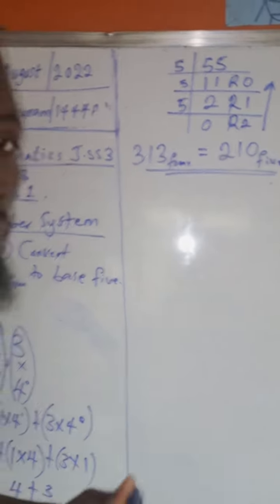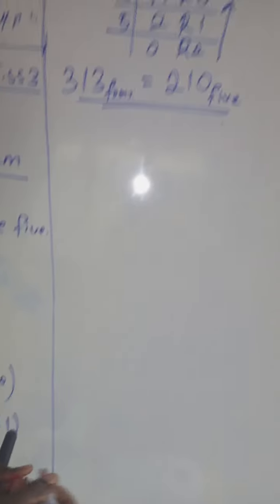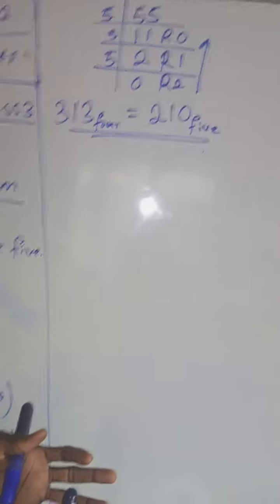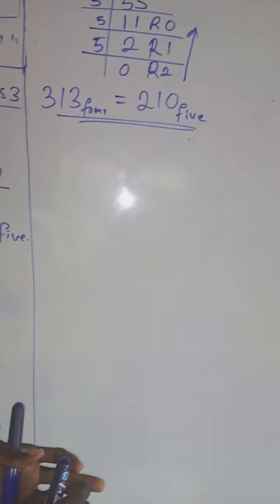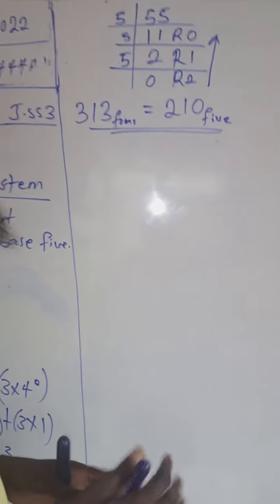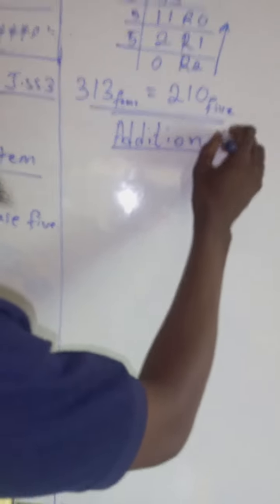So we'll now quickly move to, I think for SS1 we have done the addition and subtraction. So let's just give an example under addition and subtraction as a recall.